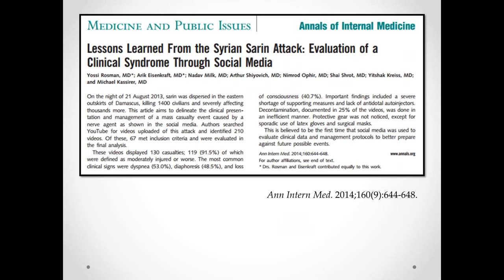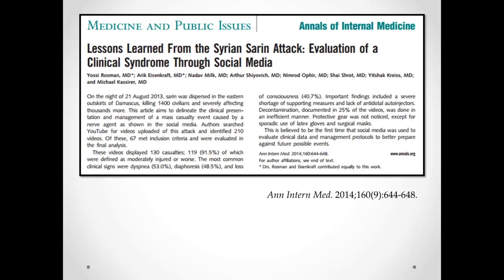Next is another example that is very unique and innovative. This actually is a systematic review of social media, YouTube and Facebook and all other sources of social media.